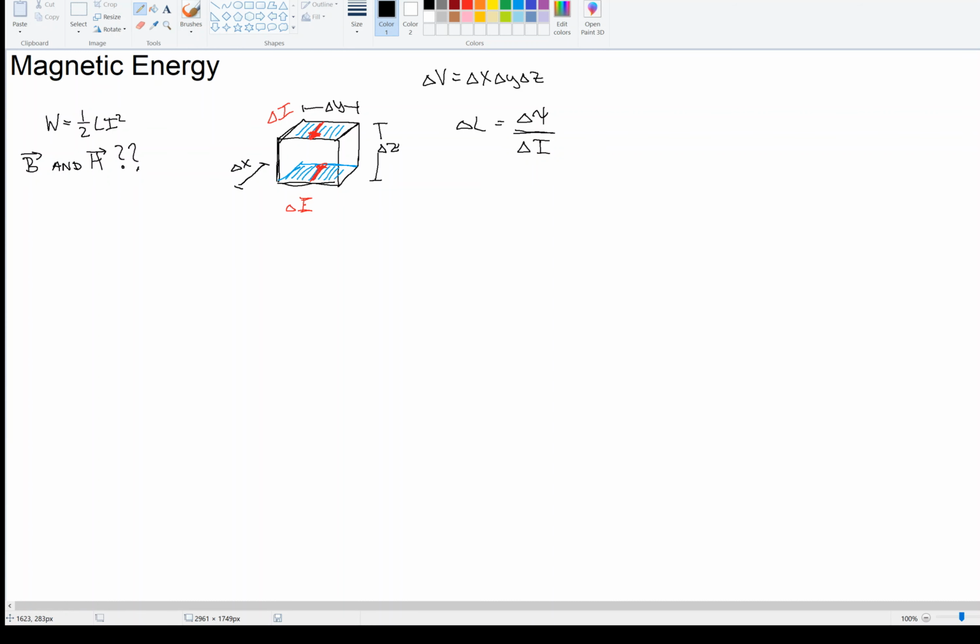The flux divided by the current. And I'm not using a capital N here because we don't have loops. So we're just talking about one little piece, right? But if you have multiple loops, then it's N times that flux because it's the total flux.